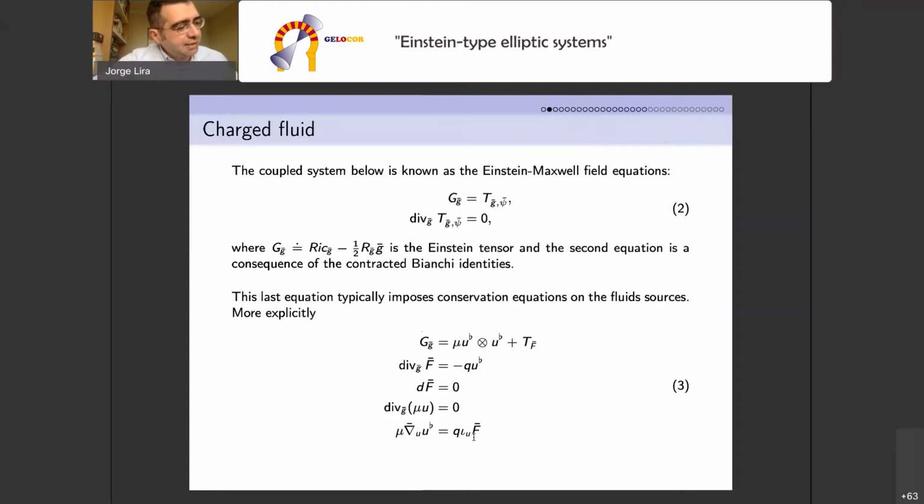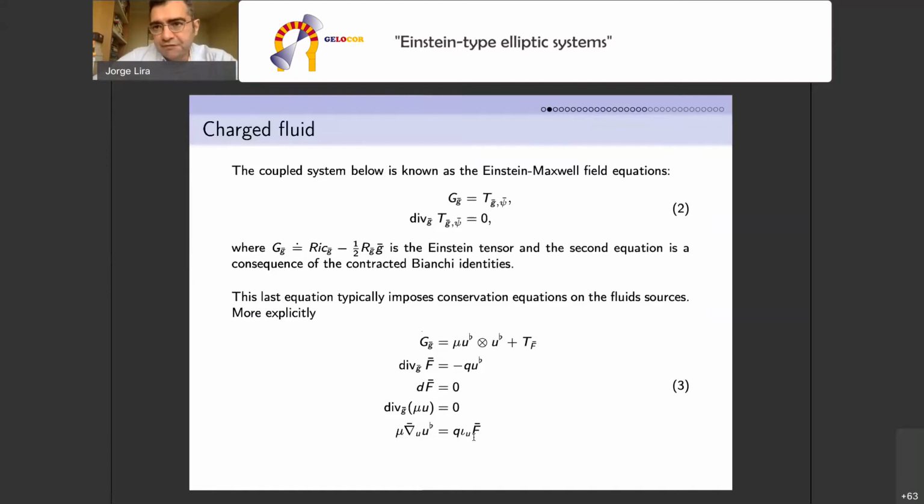So that's the model. We have a way to express this system as a hyperbolic system of equations. It's possible to write (3) in local coordinates and restore the aspect of these equations as a hyperbolic system.